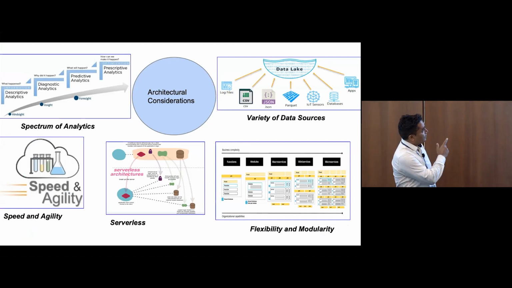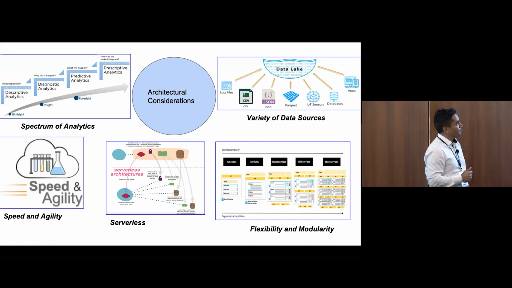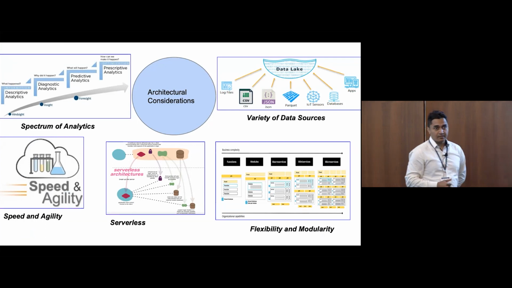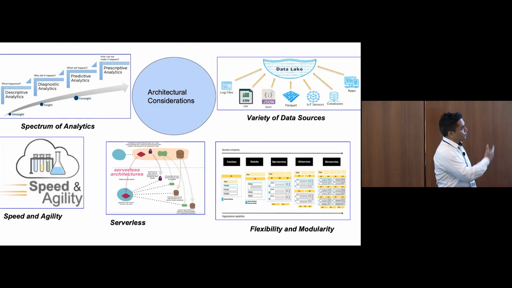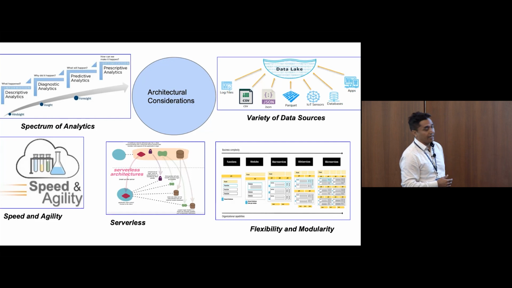But to do all that with great speed and agility. And we did not want to spend a lot of money on costly servers. We always wanted to just ramp it up based on our needs. So, through serverless architecture. That was it.